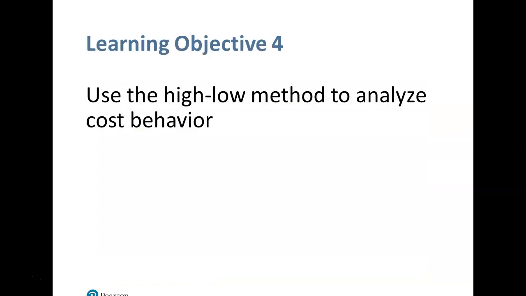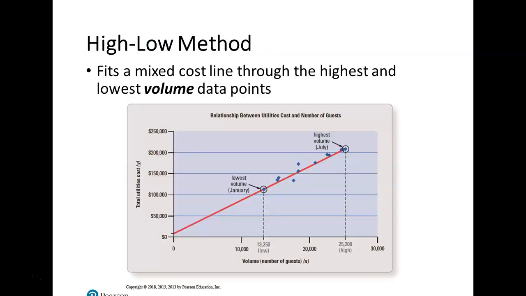A much more accurate way would be the high-low method to do that, analyzing cost behavior. Again, if we use the same information from the previous slide and we put a straight line through it, we can see how these dots are closely tied to the straight line. And that shows you a really good way to eyeball the relationship and the strength of that relationship.